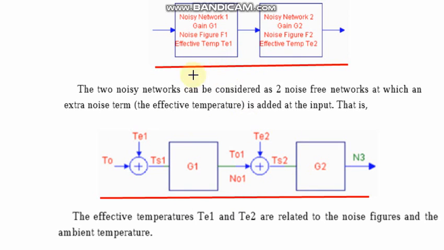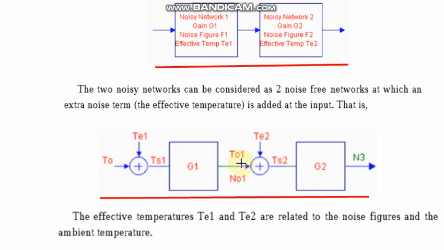This is a theoretical model, and this is a mathematical model, in which the internal blocks are amplifiers having gains G1 and G2, and this is the normal temperature T0 which is entering the amplifier, and this is the effective noise temperature for amplifier 1.